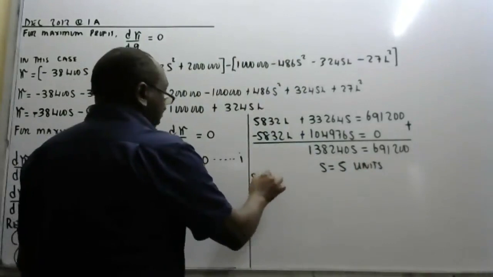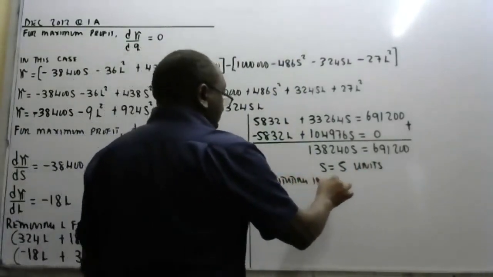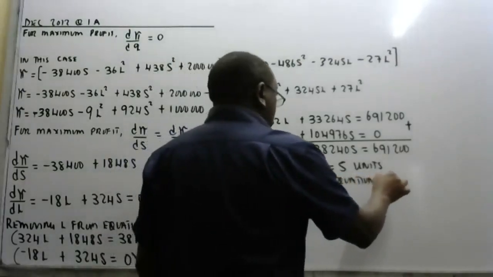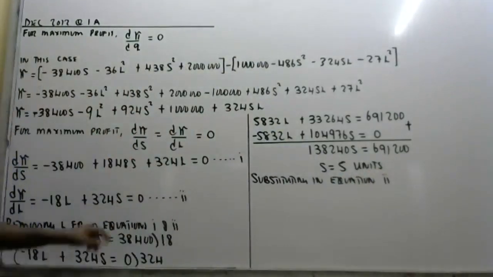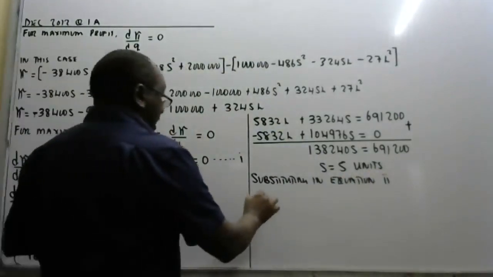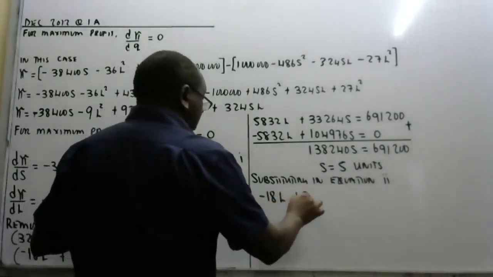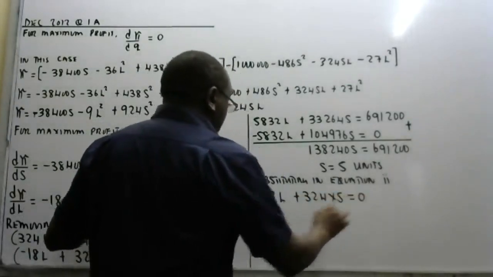Then substituting in equation 2, this one, we say minus 18L plus 324 times 5 is equal to 0.